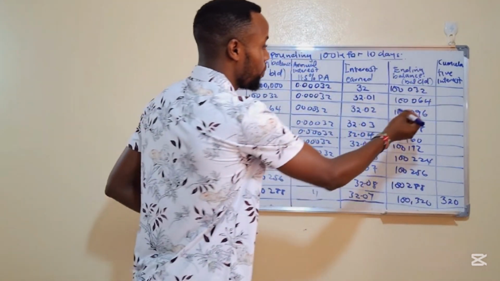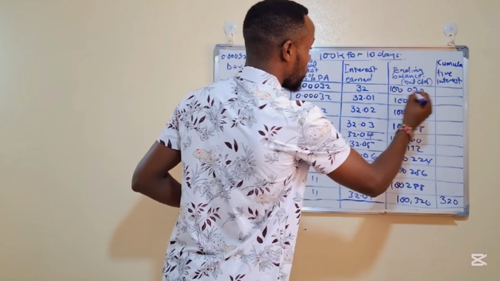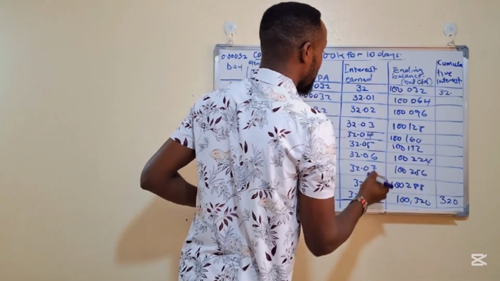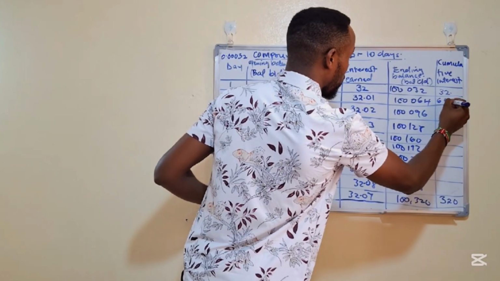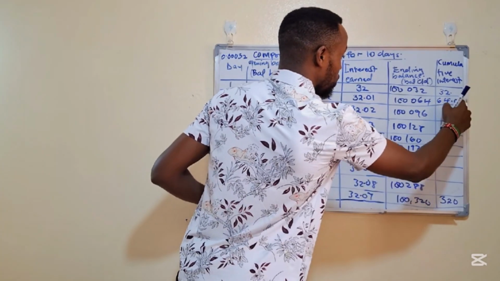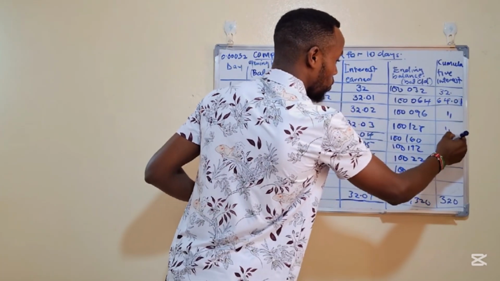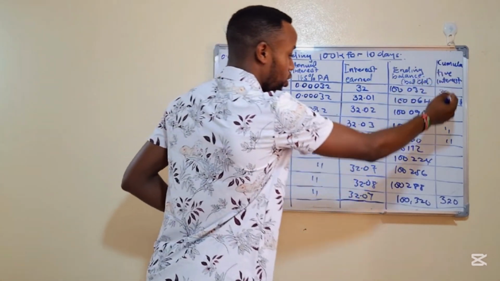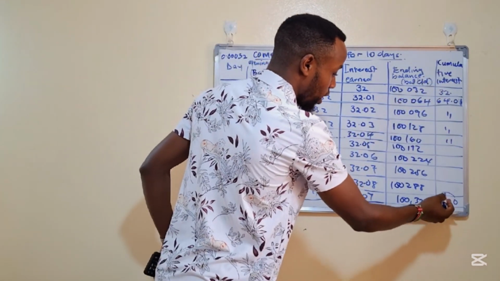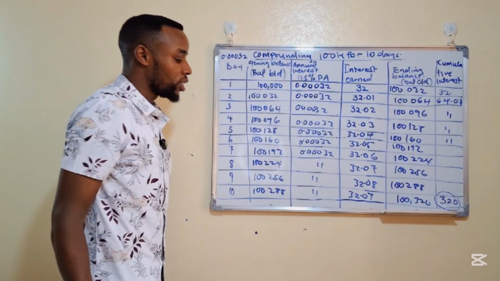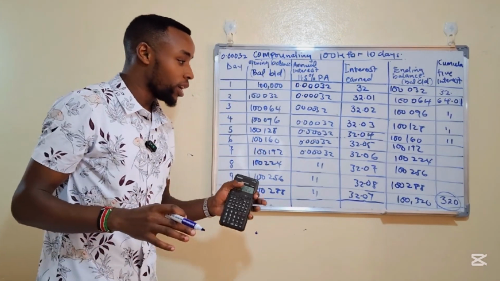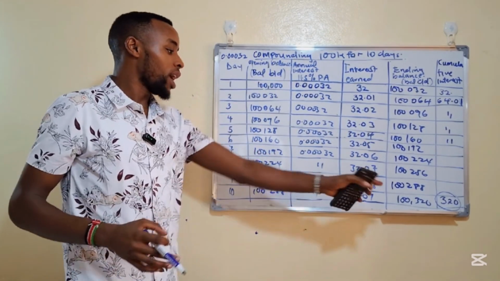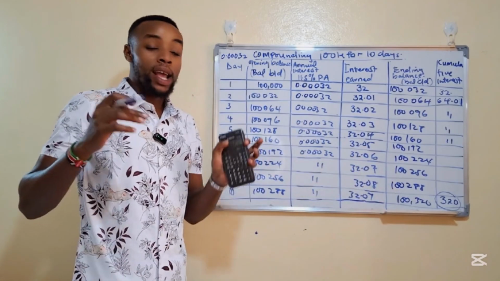The cumulative interest starts from 32 shillings, then you add this one, it is going to be 64.01, and so on, and then at the end of day 10 you arrive at 320 shillings. So in 10 days of compounding, you have actually earned yourself 320 shillings as interest.